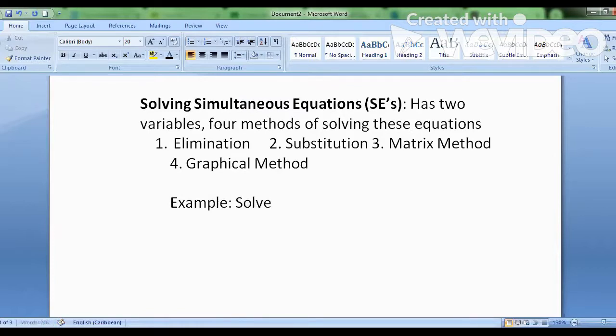The question would read: solve a pair of simultaneous equations, or it says solve for x and y. All right, so this is an example.